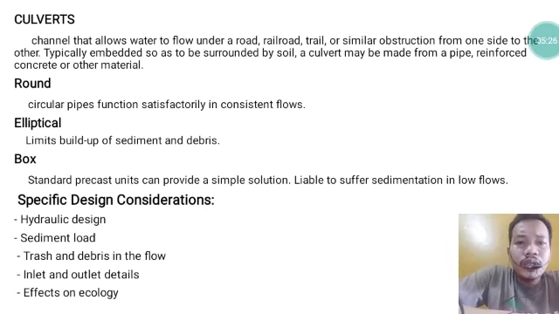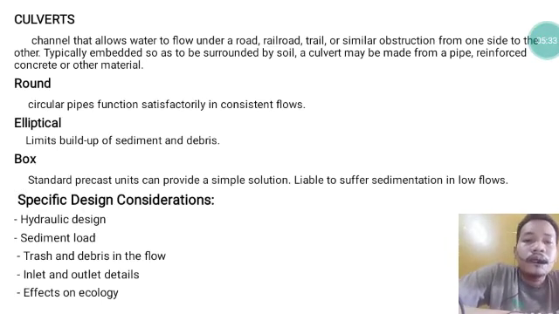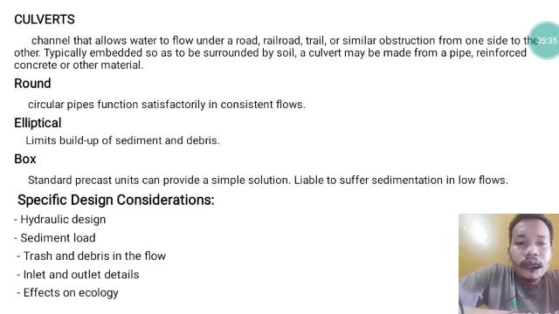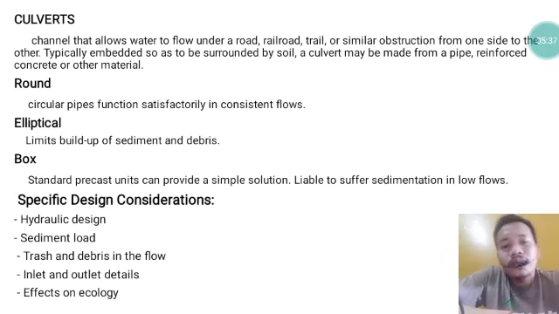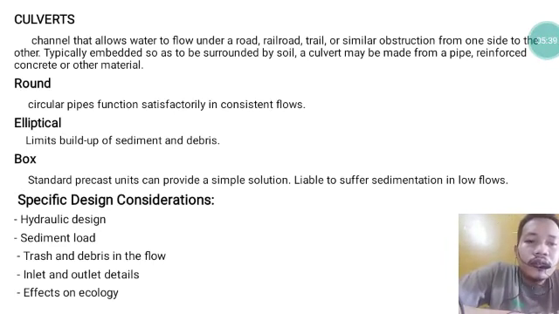So types of culverts: round culvert, these are circular pipes, functions at consistent flows. Elliptical and box culvert. Specific design considerations: hydraulic design, sediment load, trash and debris inflow, inlet and outlet details, effects on ecology.